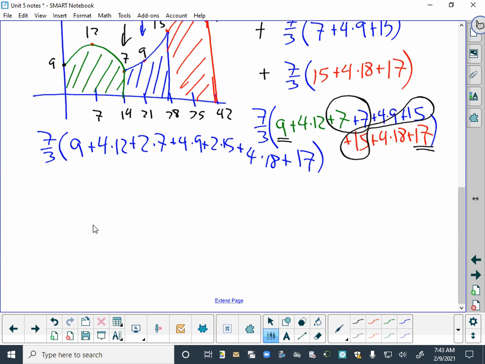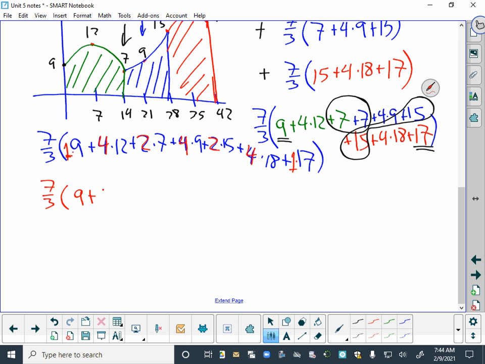And I can see this pattern of 1 times there, 4 times, 2 times, 4 times, 2 times, 4 times, and then finish with 1 time right there. So this 1, 4, 2, 4, 2, 4, 2, 4, 1 kind of pattern, that's characteristic of what we do with Simpson's rule. So I guess we might as well come up with a final answer for this.